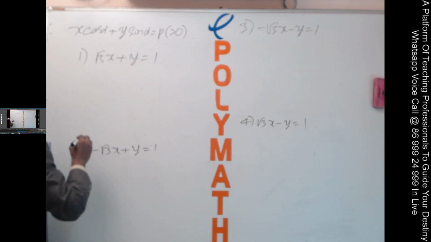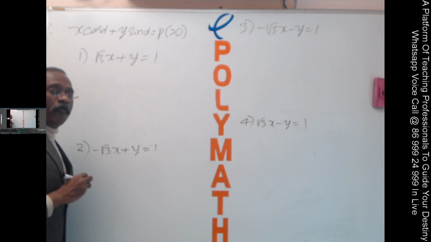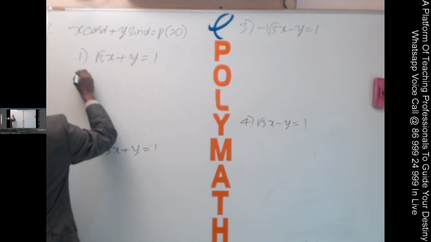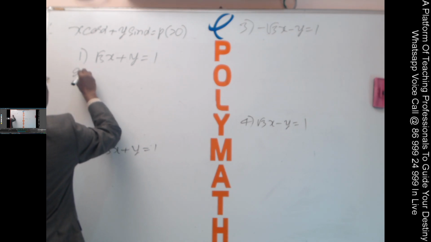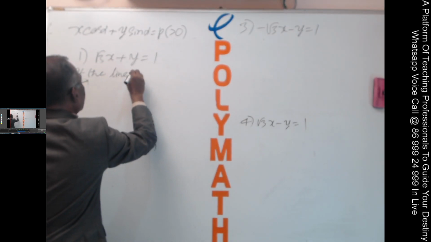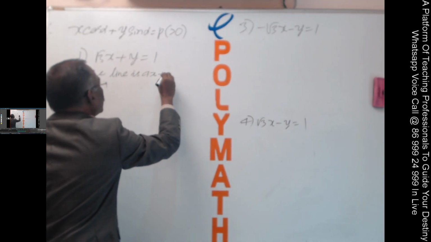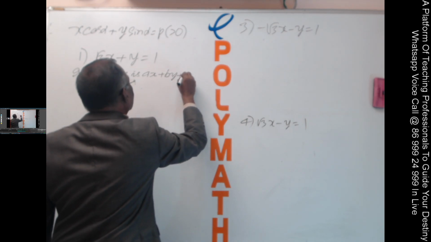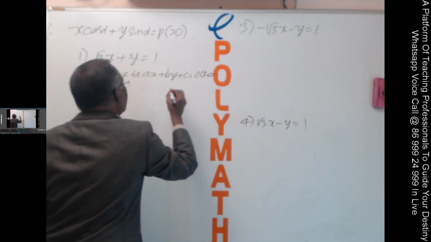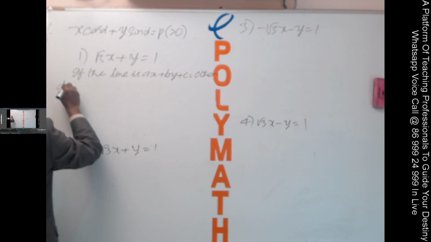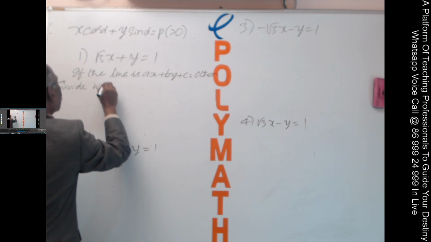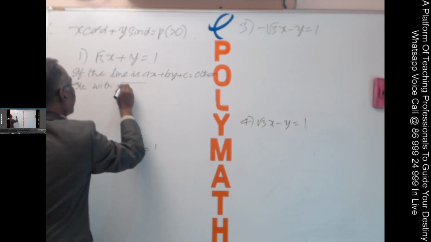Now, always, if the line is ax plus by plus c equal to 0, then divide with root over a square plus b square.